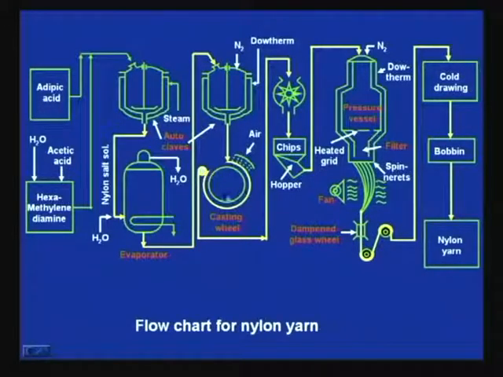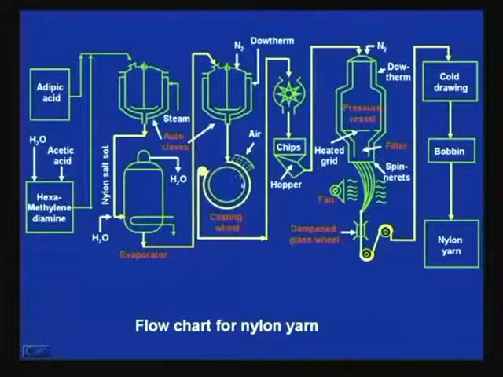Means fully grown nylon solid polymer is cast in the form of thin sheet over this wheel in a continuous manufacture, and that is actually cooled. Casting is done by air cooling on the wheel. From molten mass it becomes solid sheet over the wheel.